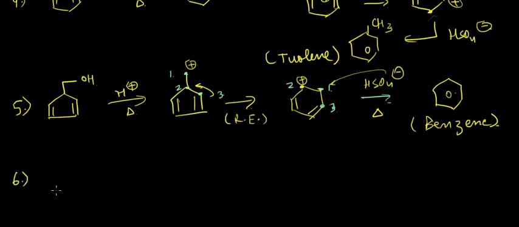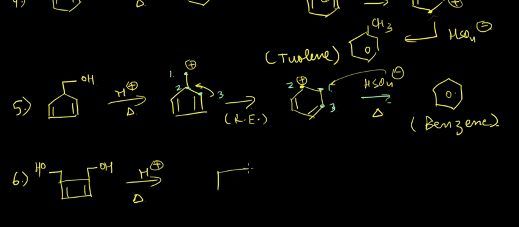Okay, let's look at the last example in this video lecture. Let's suppose we have something like this. So what is the end product for this substrate when we pass it in acidic medium and we heat that? What actually happens is, we'll get something like this product, positive charge here, and let's for now consider this case.